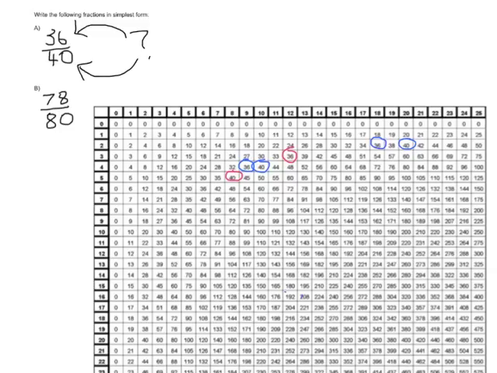Now the numbers I circled in red, the reason they're in red is because although we have a 36 here, and we know that 36 divided by 3 is 12, so 3 does go into 36 equally, 12 times, there's a problem, because if we use the number 3 for both numbers, it won't work. So 36 divided by 3 equals 12.